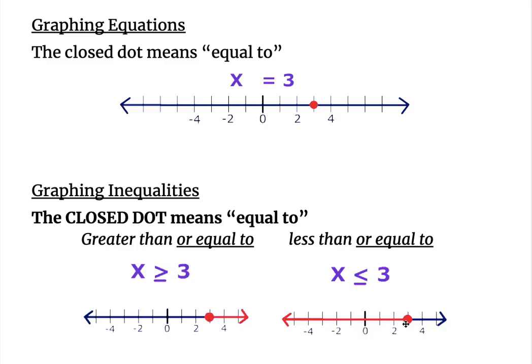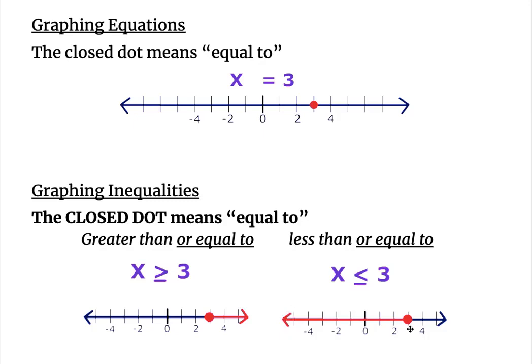Here it's the opposite. X is less than or equal to 3. So we have the closed dot on 3 because we said we want to include 3, equal to 3. And all the numbers to the left of 3 are going to be less than 3. So we're shading those in as well, including the arrow to show that it goes on forever.